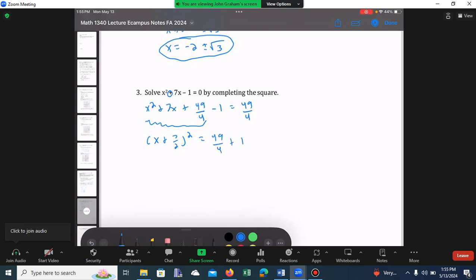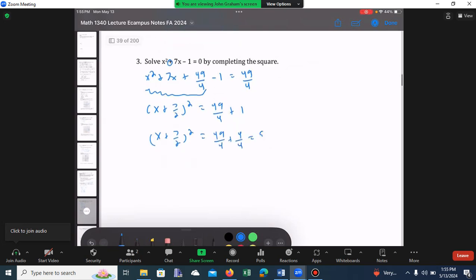Okay. Now before we actually take the square root, we want to get a common denominator and get that fraction on the right side to be just one fraction. X plus 7 halves squared equals 49 over 4 plus 4 over 4, which equals 53 over 4.